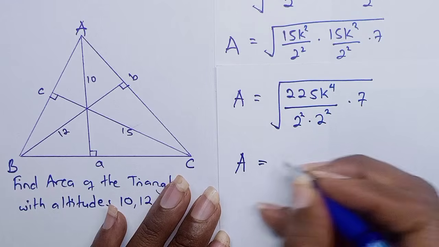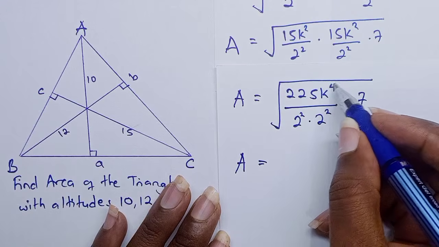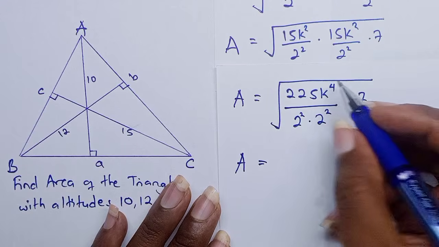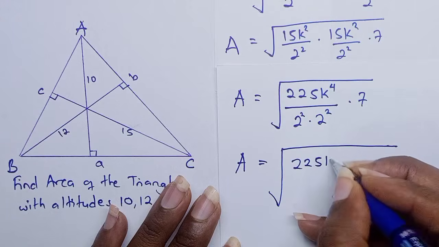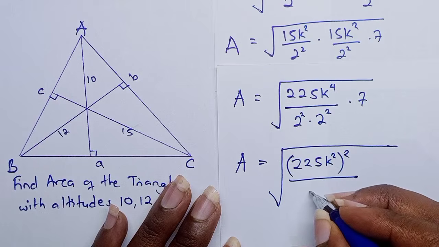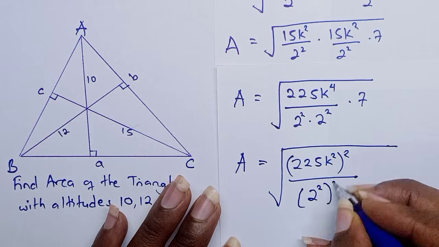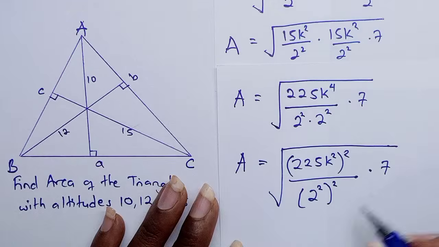Therefore, area is equal to, so this is the same as squared, okay? It's the same as saying 225K squared over 2 squared times 7.